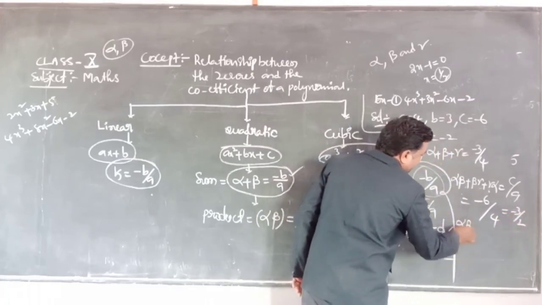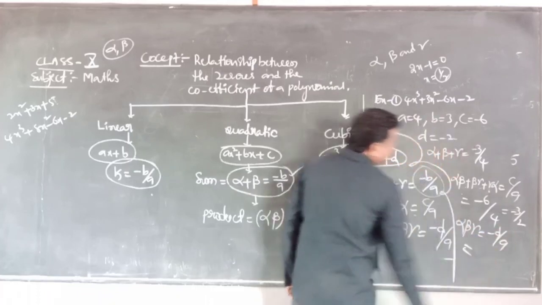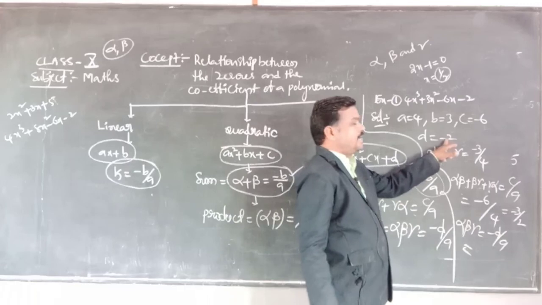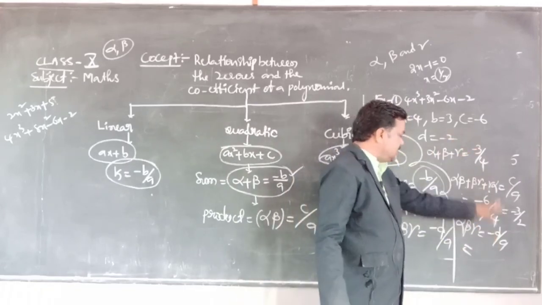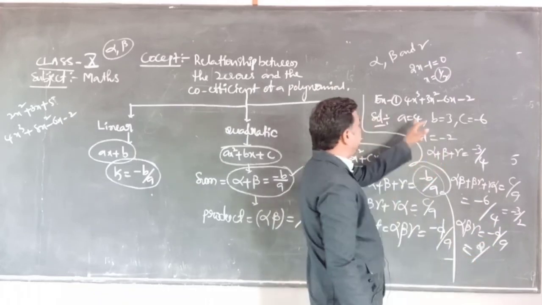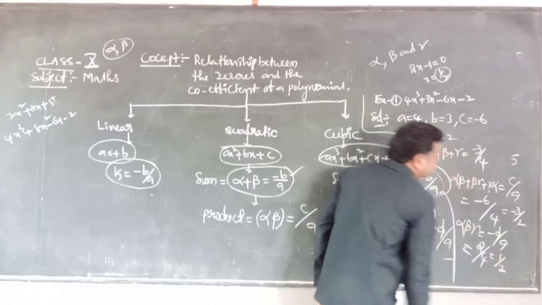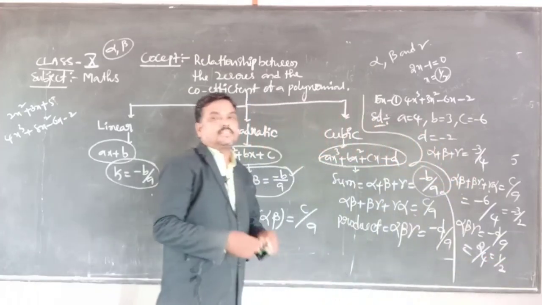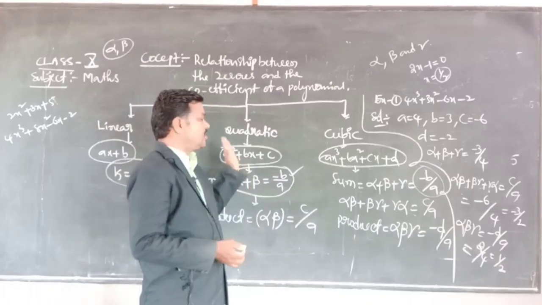Product alpha, beta, gamma is minus d by a. d is minus 2. Already the formula is there. Minus into minus is plus 2. a is 4, so it is equal to 1 by 2. This is how to find the sum and product of the zeros of a cubic polynomial.